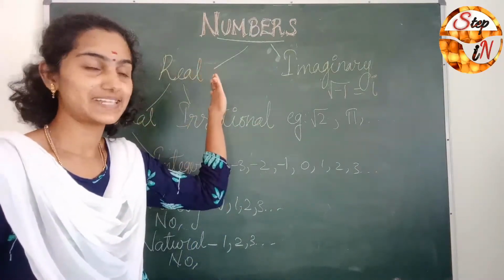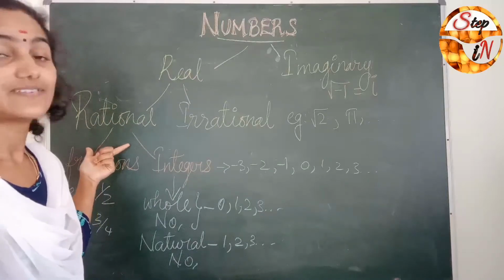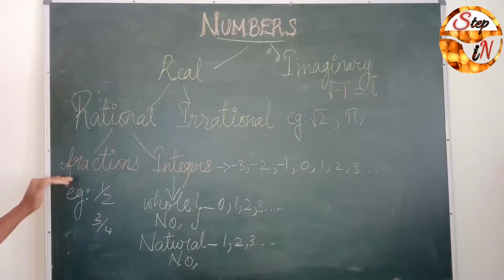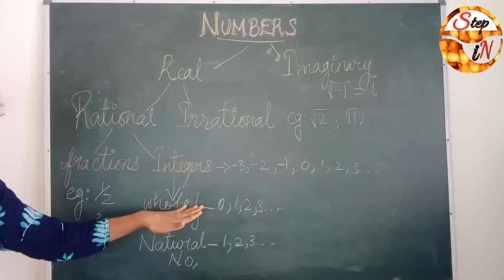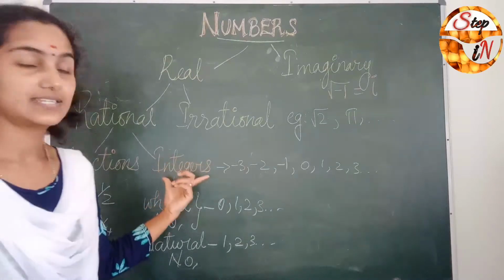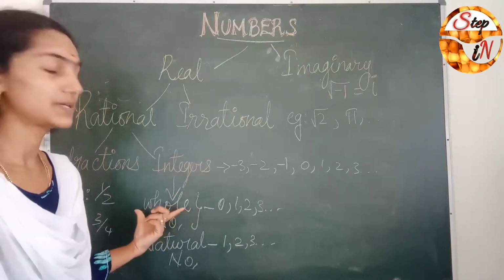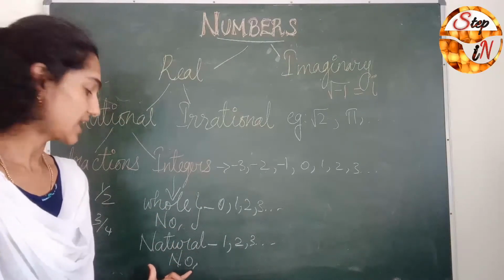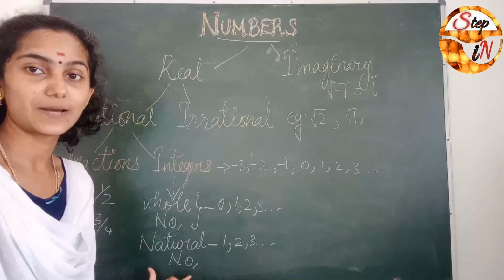Rational numbers can be split up into fractions and integers. Examples of fractions are 1 by 2 and 3 by 4, and integers can be split up into whole numbers, and whole numbers into natural numbers.